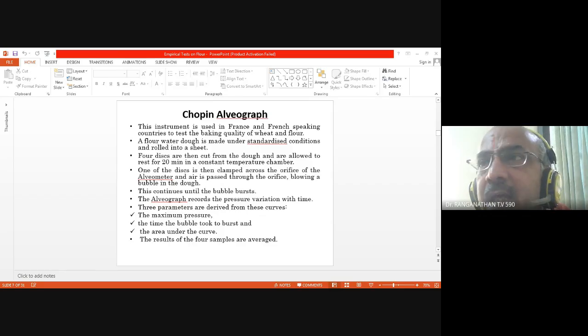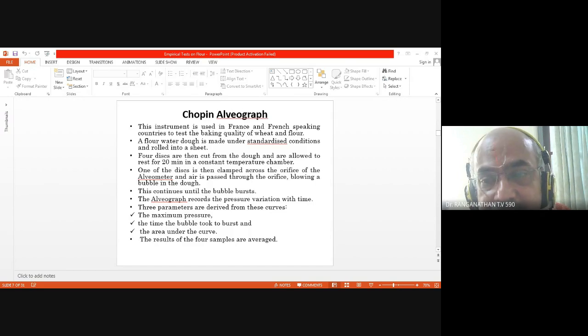And this is kept on, and air is blown through this flat sheet. Now, when air is blown, what will happen? The dough will start bulging like a balloon. It will go on expanding, and at a particular stage, it will burst.